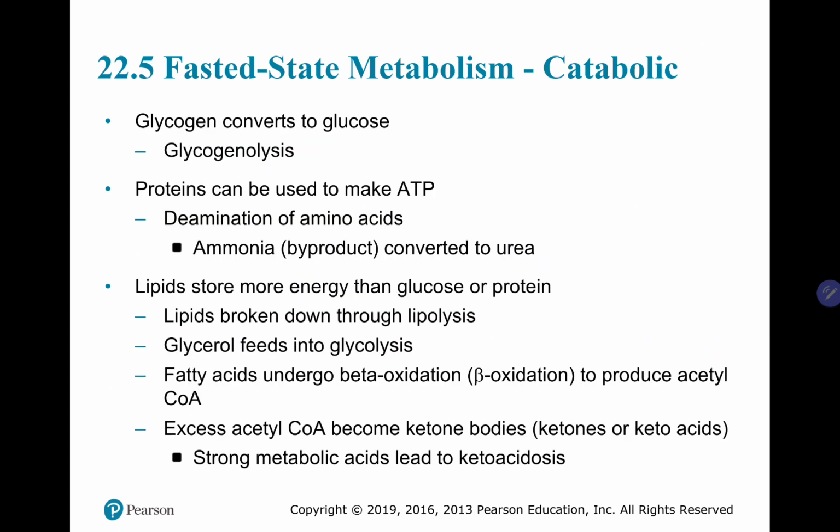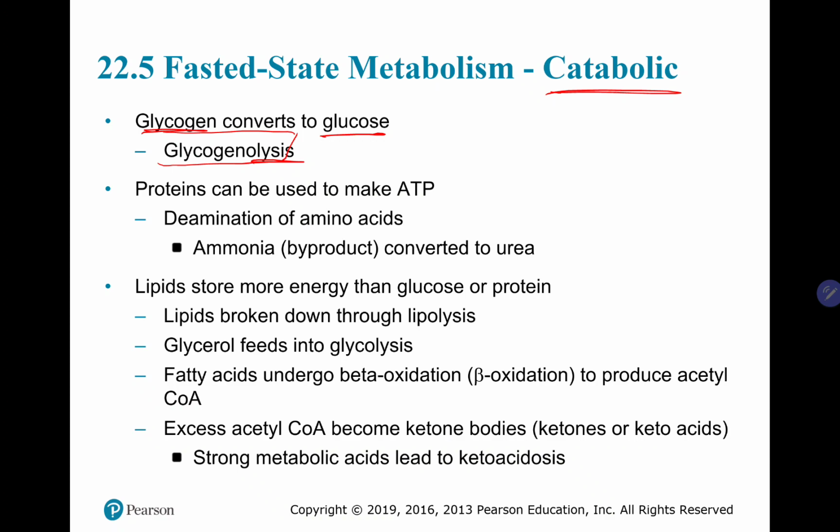So in a fasted state, metabolism, remember, fasted state is catabolic. We're breaking down things. So for example, we're breaking down glycogen into glucose via a process of glycogenolysis. Proteins can also be used to make ATP because we can deaminate a protein, like take that amine group off.